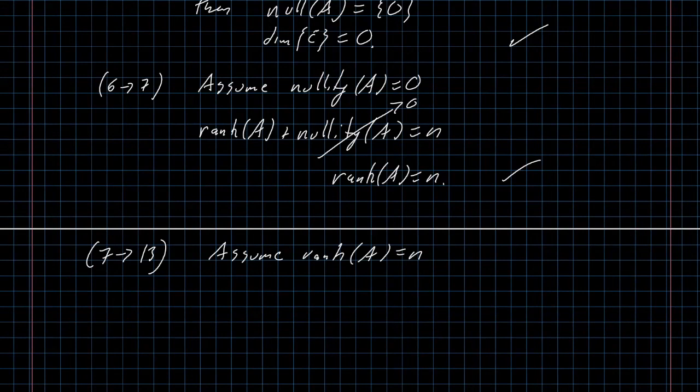All right. From here, I said I was going to prove that 7 implies 13. Remember, 7 is that the rank of A is n. 13 is that the rows of A form a basis for R^n. Well, remember that the rank of A is the dimension of the row space.